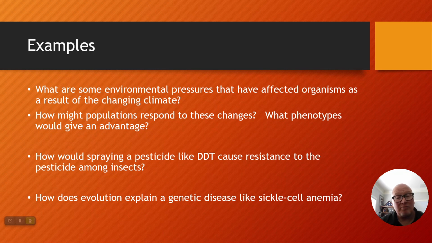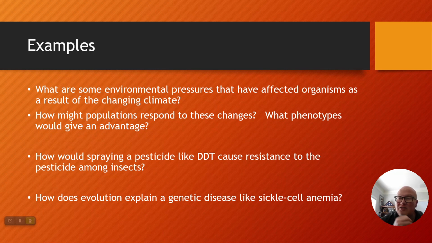How does evolution explain a genetic disease like sickle cell anemia? Well, sickle cell anemia is a genetic disease that happens as a result of red blood cells literally taking on, rather than being the shape of a donut, or an annulus rather, they're shaped like a sickle. So how did something like this come about, and how does it stay in the population?